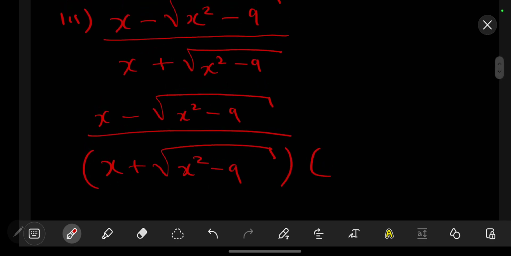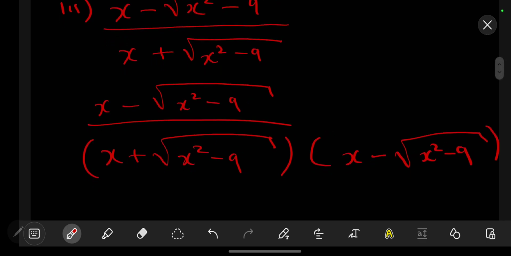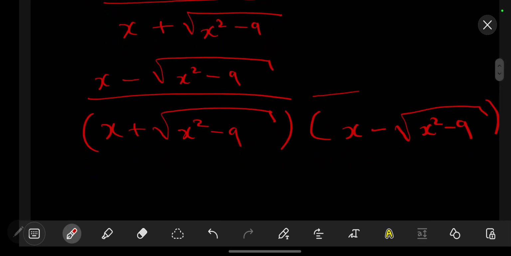The conjugate is the exact number with a change in sign. So we have x minus the square root of x squared minus 9, like that. That means that's our conjugate there. Then up here we are going to have the same one, which is x minus the square root of x squared minus 9, like that.